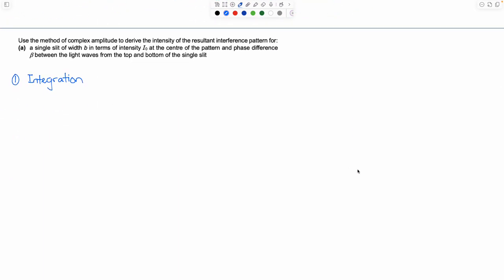Okay, but I would like you to give it a try by doing this question. There are two methods to do this: first is by integration, and second is by summing. If you do summing, you will notice that it becomes an infinite sum. The summing method works by discretizing the whole slit into n small slits, and then you perform a sum for a very large n, where n approaches infinity.